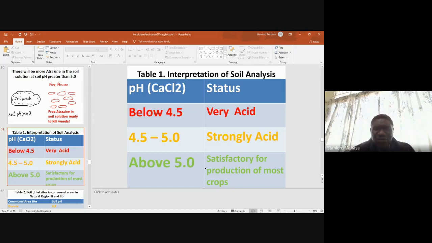The one above 5 is satisfactory for production of most crops. So it is at pH above 5, and around 5, where atrazine may work, but below 4.5 atrazine may lose its efficacy.